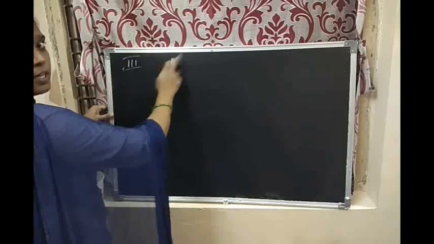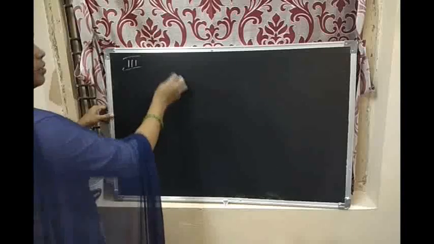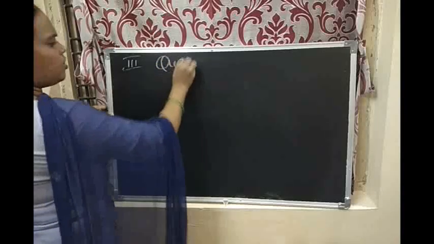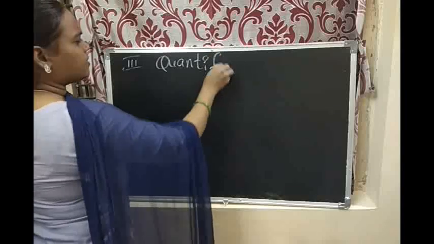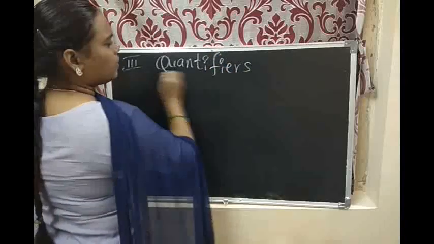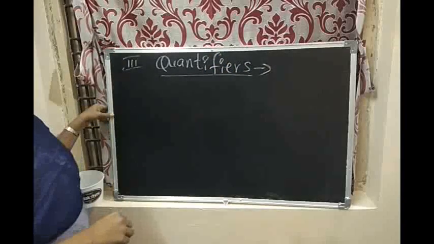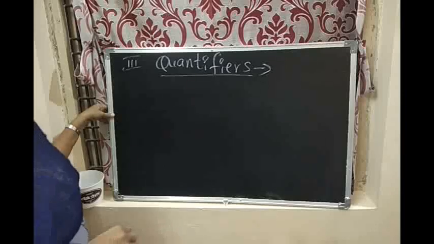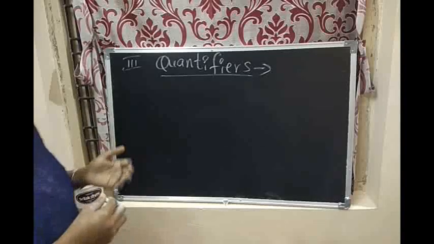What is our third aspect? The first one is punctuation, the second one is verbs, and now quantifiers. What is meant by quantifiers? When you are talking about things, so many things are there.